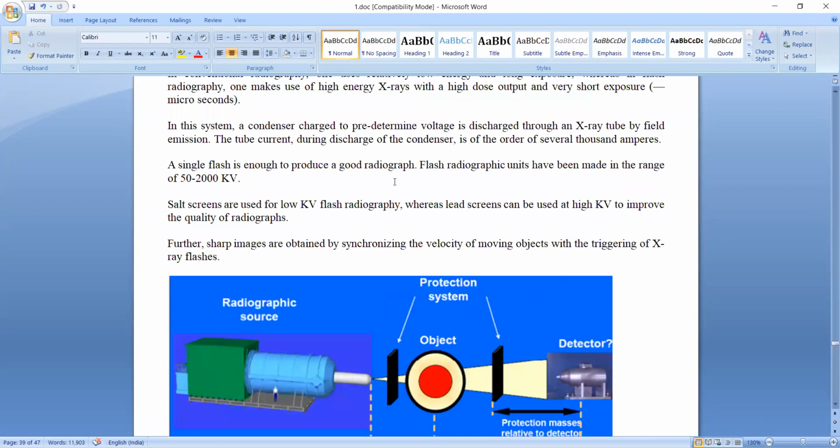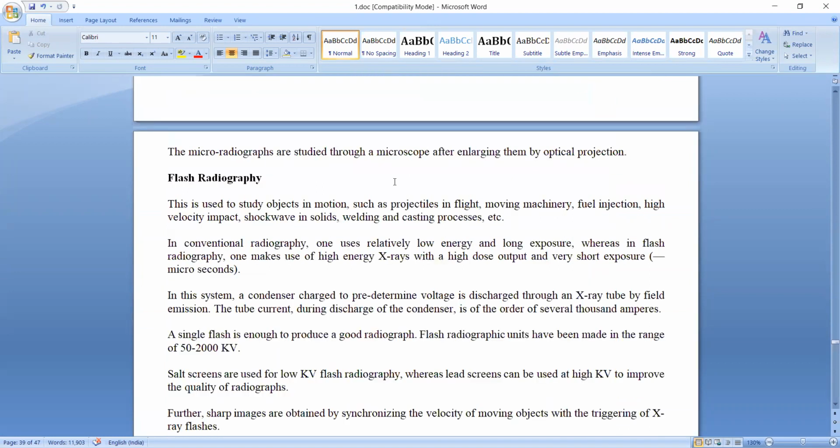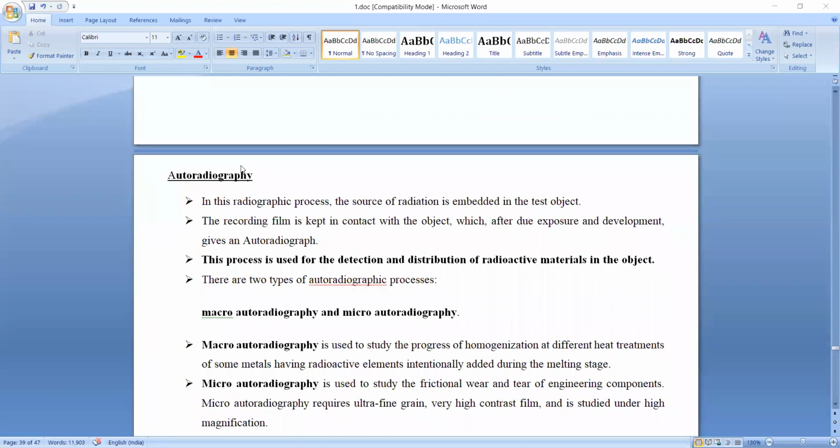Today we will see auto radiography. These are the special radiographic techniques, used in special cases. Sometimes our conventional radiographic techniques are not enough to find defects.